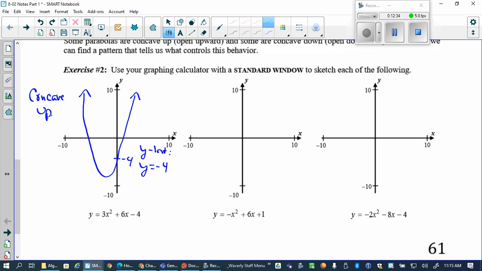What is the y-intercept in the second one? 1. Because if you put a 0 in for x, everything goes away that has an x in it, right? You're just left with 1. So it's going to be right there, isn't it? Oh, look at your equation.